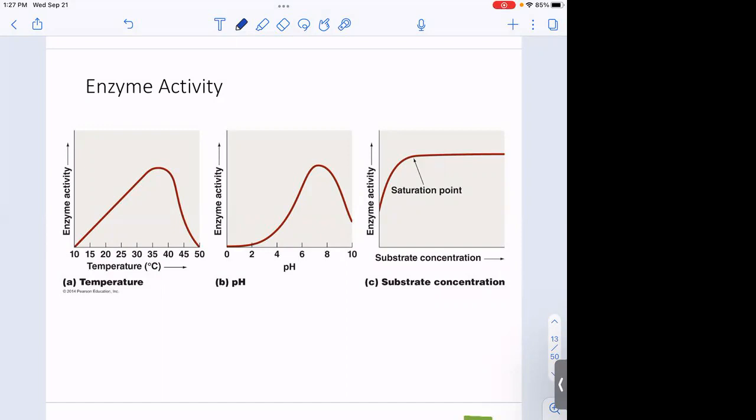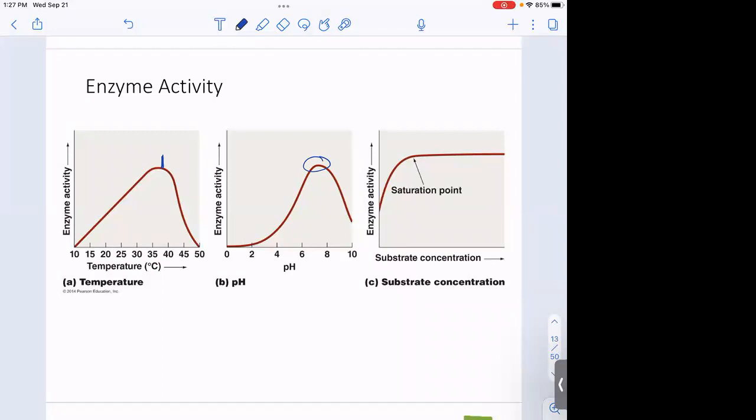If an enzyme works fastest at 37 degrees Celsius, then that organism is probably going to grow fastest at 37 degrees Celsius. That's no surprise. So they have an ideal temperature. It doesn't necessarily have to be 37; it could be a different temperature. They have an ideal pH range, which can be different for different enzymes, obviously. We have enzymes that work at very low pH in our bodies.